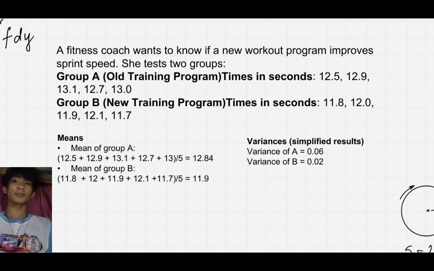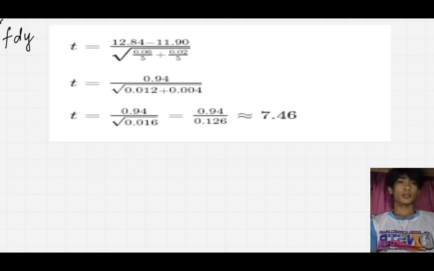After that, let's find the variance. Here's the simplified result: the variance of A is equal to 0.06 and the variance of B is equal to 0.02. After finding the variance, we have the complete solution. t is equal to 12.84 minus 11.90 over the square root of 0.06 divided by 5 plus 0.02 divided by 5.